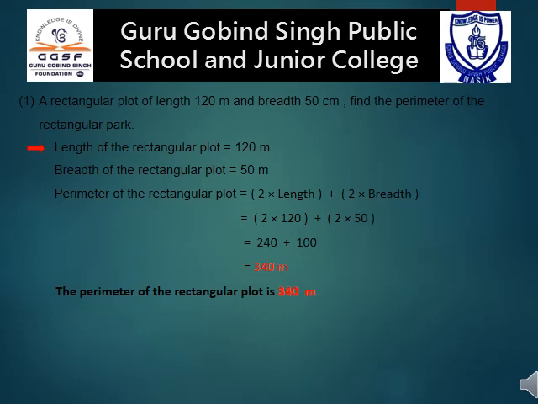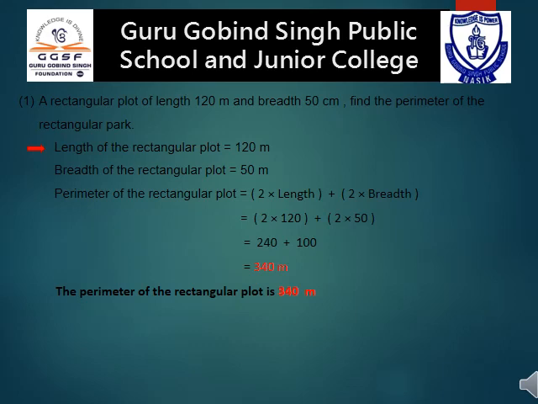Here first we will write the given part. Length of the rectangular plot is equal to 120 meter and breadth of the rectangular plot is equal to 50 meter. Now we know the formula of perimeter of a rectangle. So here we will use that formula. So perimeter of a rectangular plot is equal to 2 multiplied by length plus 2 multiplied by breadth, is equal to 2 multiplied by 120 plus 2 multiplied by 50.